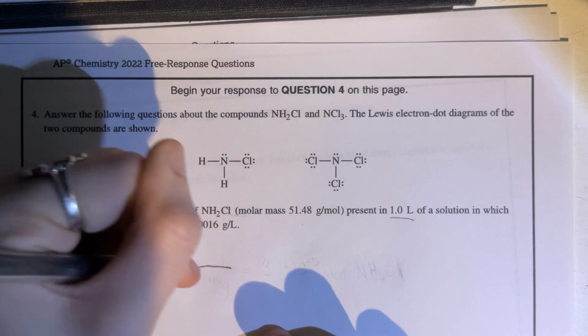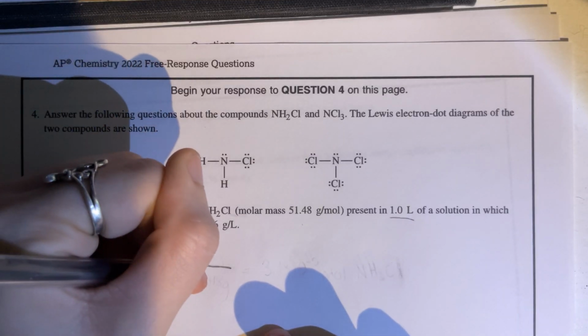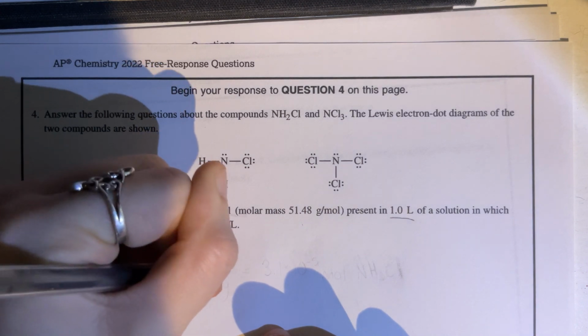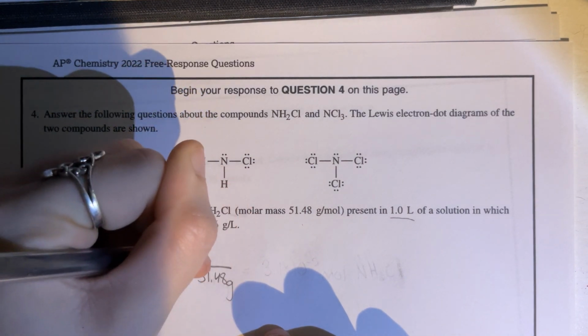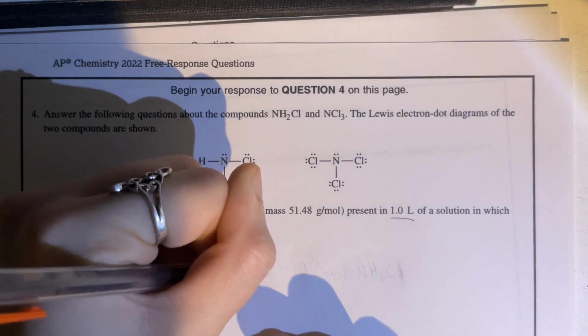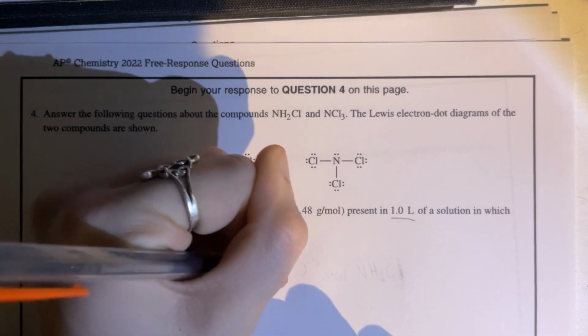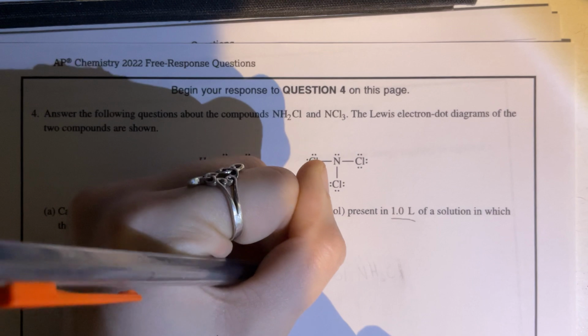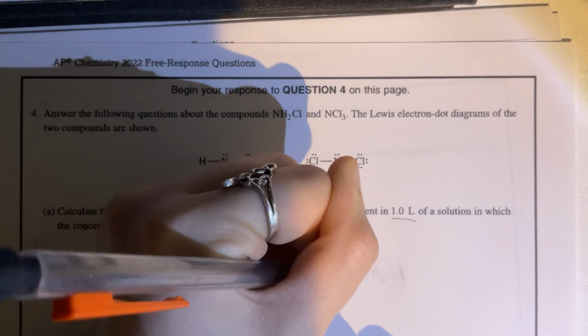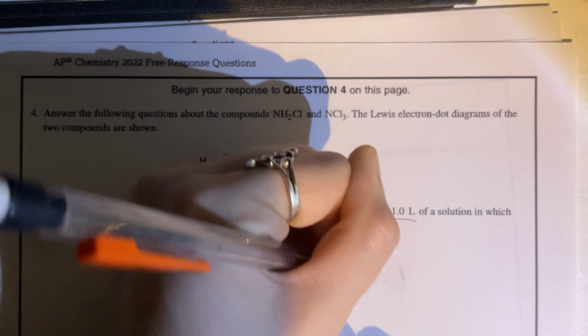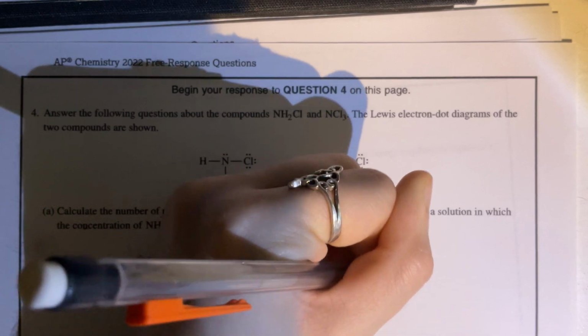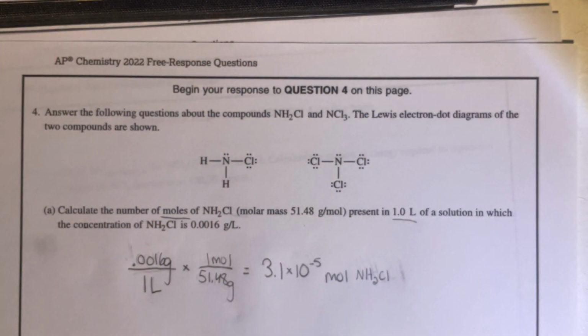Since grams is on the top for the grams per liter, we will be putting grams on the bottom, 1 mole on top. If we calculate that out in our calculator, we will get 3.1 times 10 to the negative 5 moles of the NH2Cl in a liter of that solution.